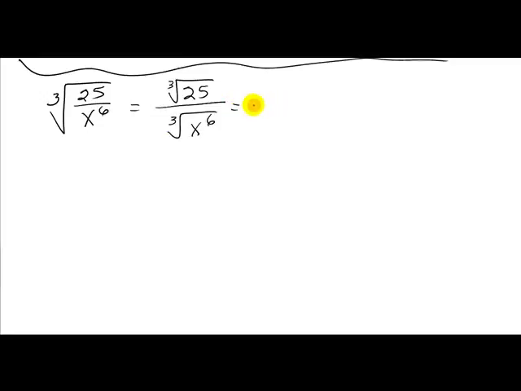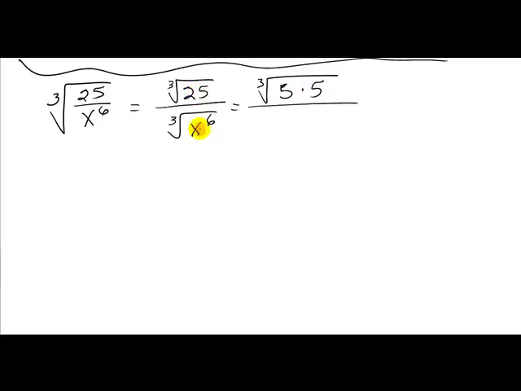Then when I'm looking at the cube root of 25, when I write 25 as its factors, there's not 3 of these 5s. So if this was a square, I could simplify this, but it's not. So I'm going to have to leave it as this cube root of 25.